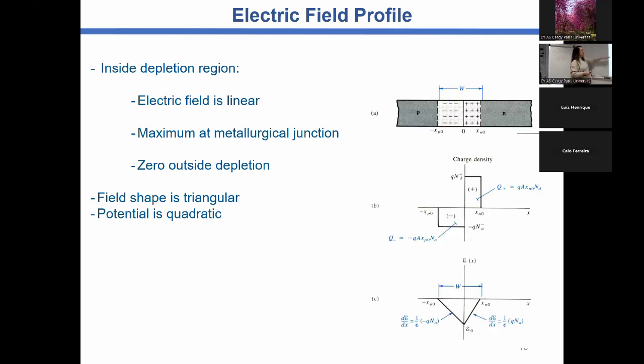And the field has this triangular shape, and the potential is quadratic. Also quadratic, but the density is different if we are analyzing holes and electrons. And also the triangular shape is not symmetric, it is asymmetric because of the charge density difference.